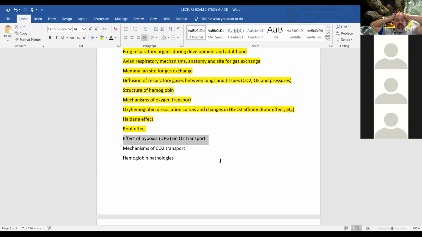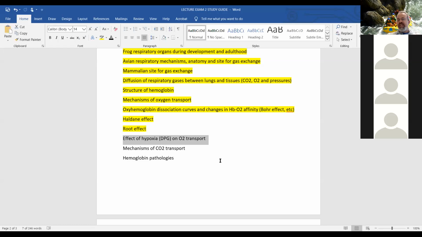Now, why does it build up? Well, first of all, red blood cells do not utilize aerobic respiration. They don't have mitochondria. So their generation of ATP is through glycolysis. They produce more DPG in a hypoxic state. And what happens is DPG binds to hemoglobin, much like oxygen does.